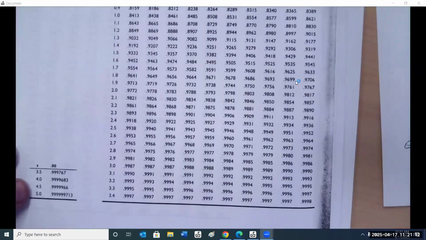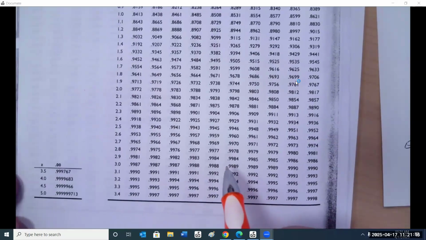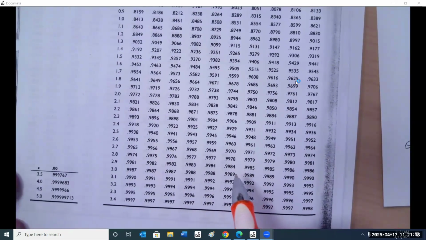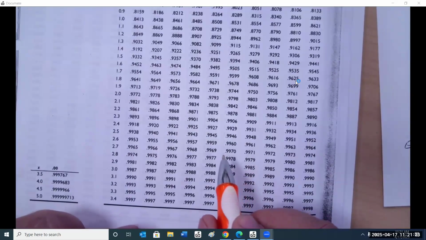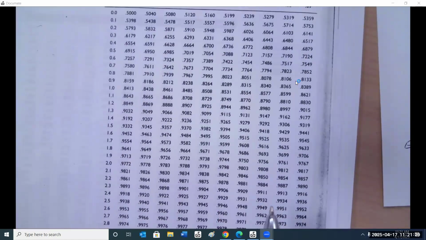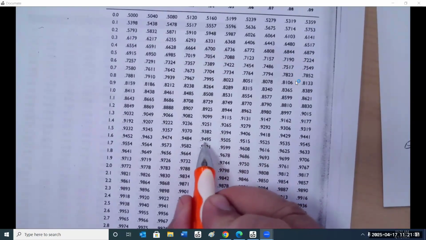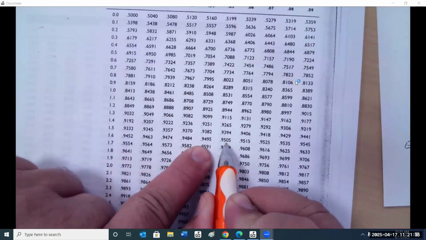So we look inside here. The closest we can get to 9500 is, now here's 9500 is between these two right here.